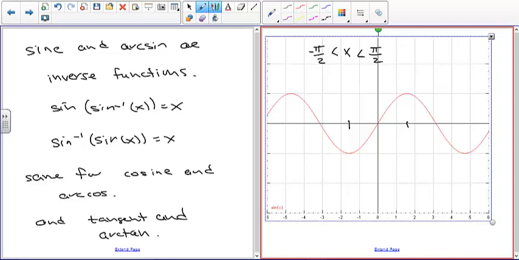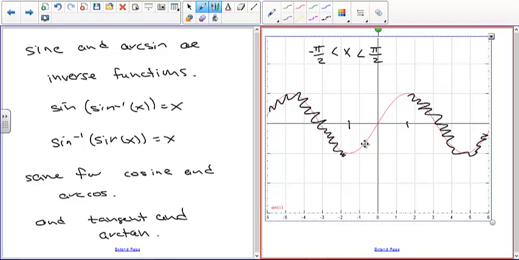If I chose from 0 to pi, it wouldn't be one-to-one because it has that hump. So for one value of y, there'd be two values of x. But if I choose it between negative pi over 2 and positive pi over 2, I'm going to eliminate the rest of the function by just scratching it out. So if I scratch this out like that, I'm not worried about that, and I'm not worried about that.